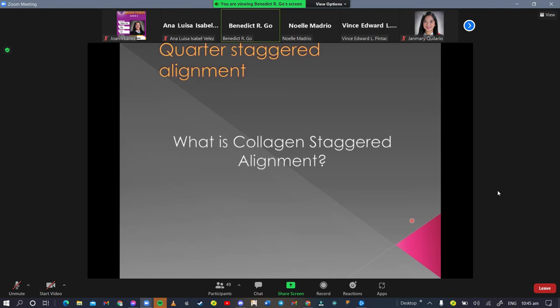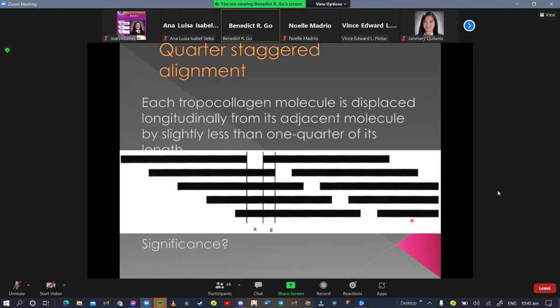Okay. So I'm sure that's what you discussed in your PBL. That's fine. But a more detailed description of the alignment: each tropocollagen molecule is displaced longitudinally from its adjacent molecule by slightly less than 1/4 of its length. So that's actually the definition.